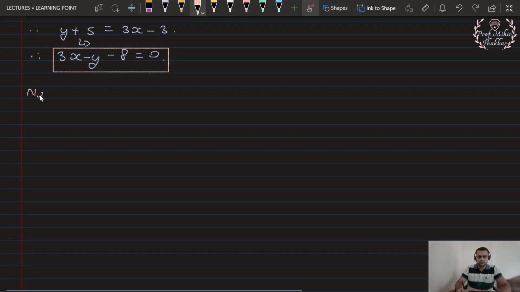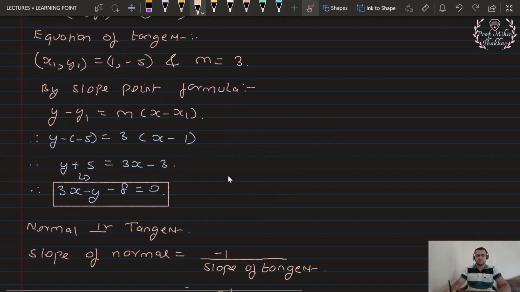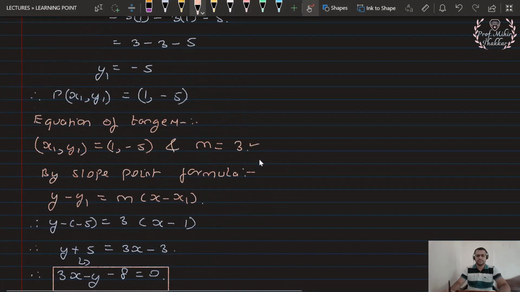Now, as I know that normal is perpendicular to the tangent, slope of normal is equal to minus 1 upon slope of tangent. So this is equal to minus 1 upon slope of tangent, which is 3.